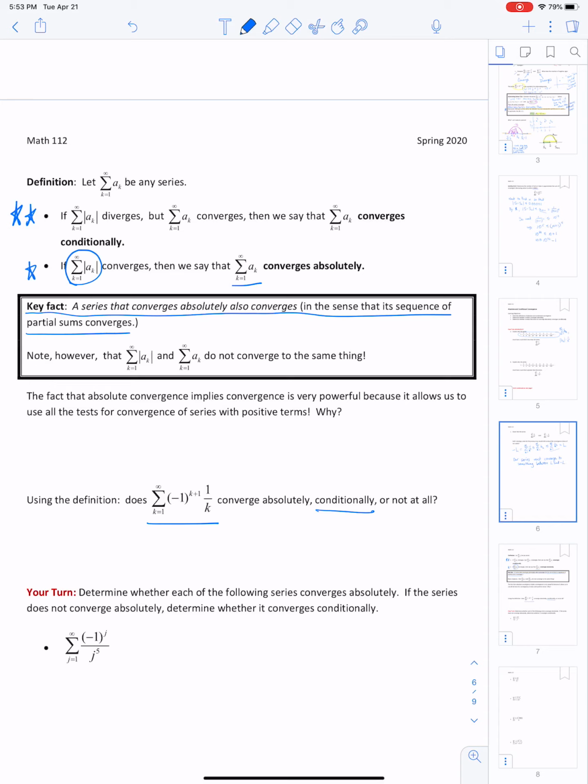One other note is that absolute convergence allows us to use all the tests for convergence of series with positive terms. In general, if you recognize that a series converges absolutely, then you can automatically conclude that the series converges.